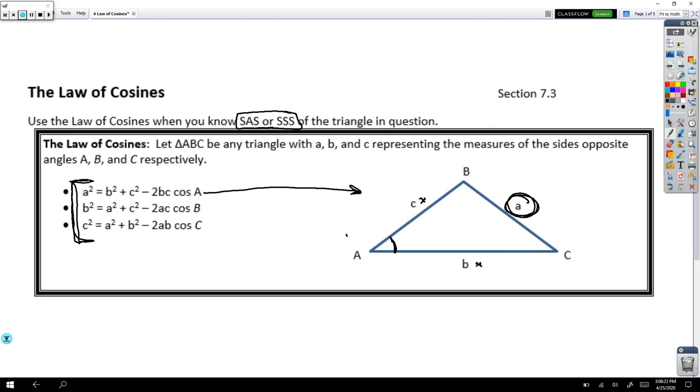Now, we can also use this when we have the three sides. So let's say we had side A, B, and C. That'd be SSS, right? We can use it to find whatever angle measure it asks us to find. We would just have to end up doing some algebra and then the inverse of cosine to get the angle measure to solve for that.